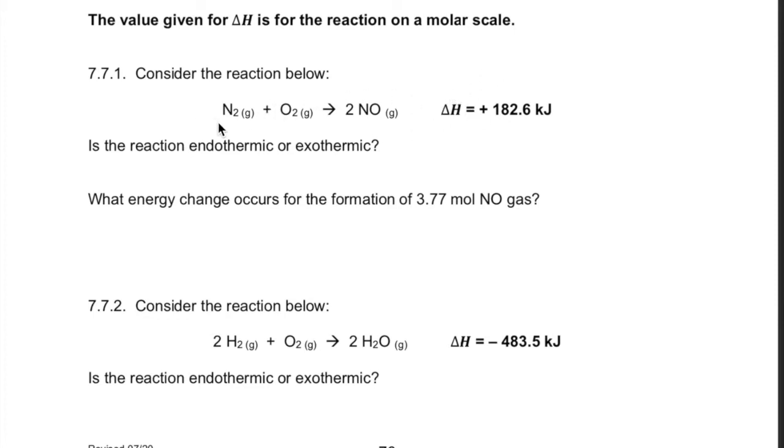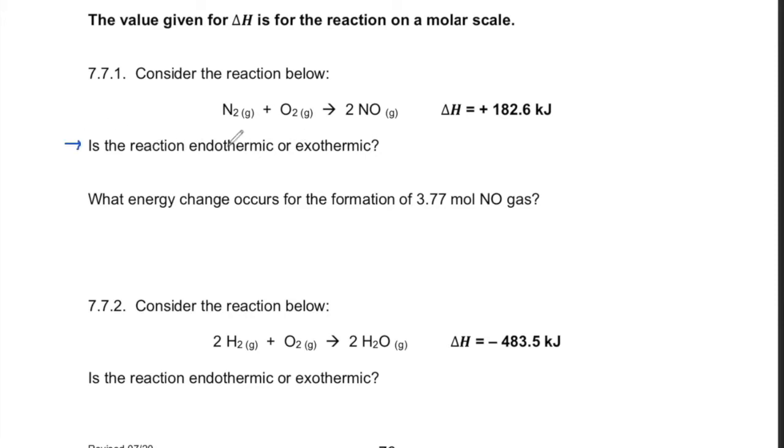The way that the reaction is written in moles, 1 mole of nitrogen and 1 mole of oxygen producing 2 moles of NO gas, would be associated with a change in enthalpy of plus 182.6 kilojoules. So that change of 182.6 kilojoules is not for 1 molecule of nitrogen reacting with 1 molecule of oxygen, it's for 1 mole of nitrogen reacting with 1 mole of oxygen.